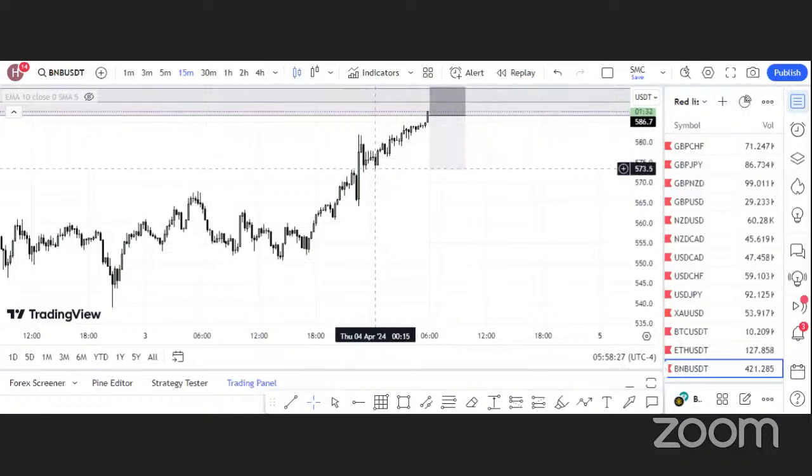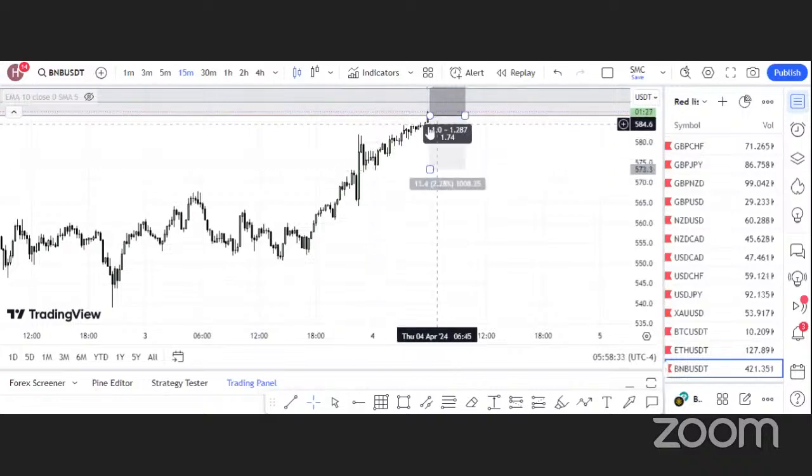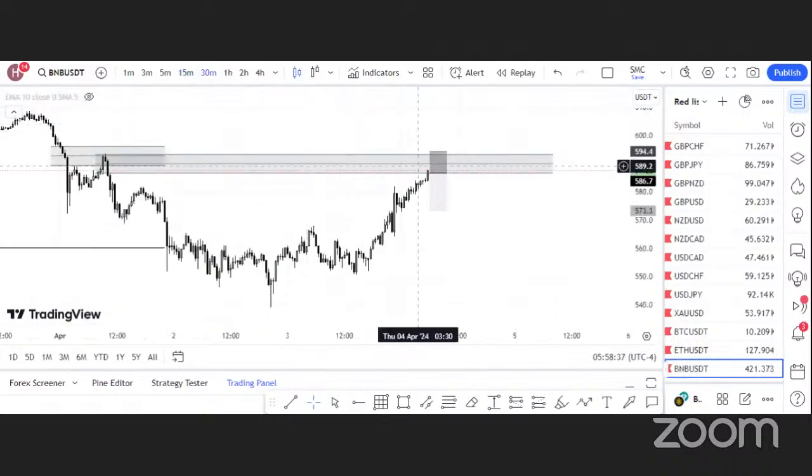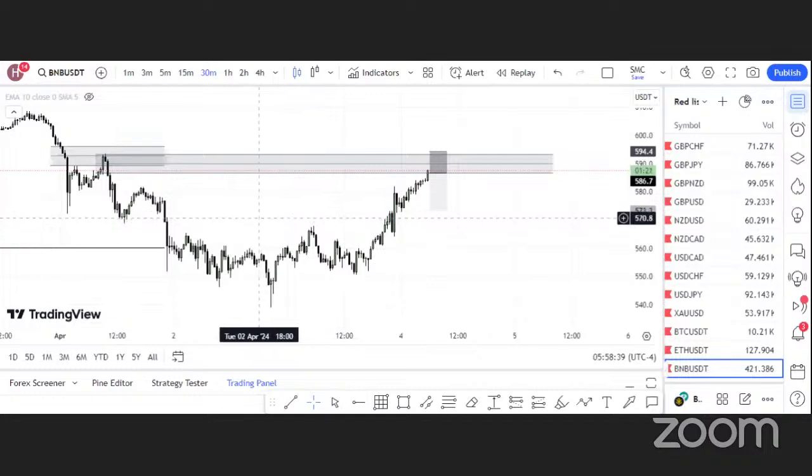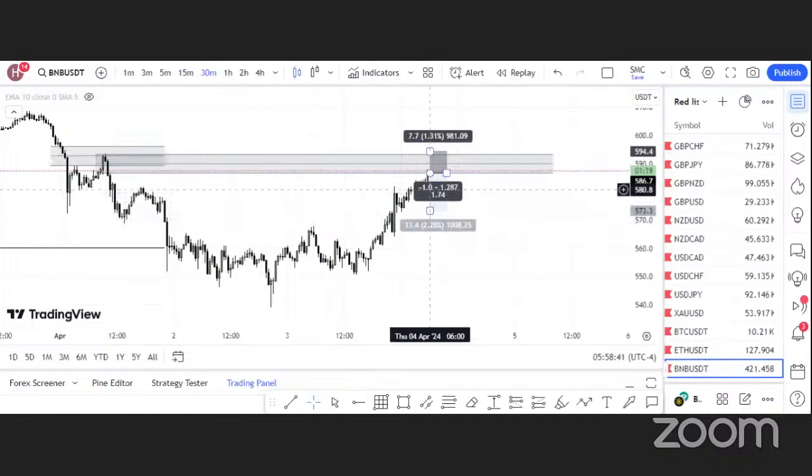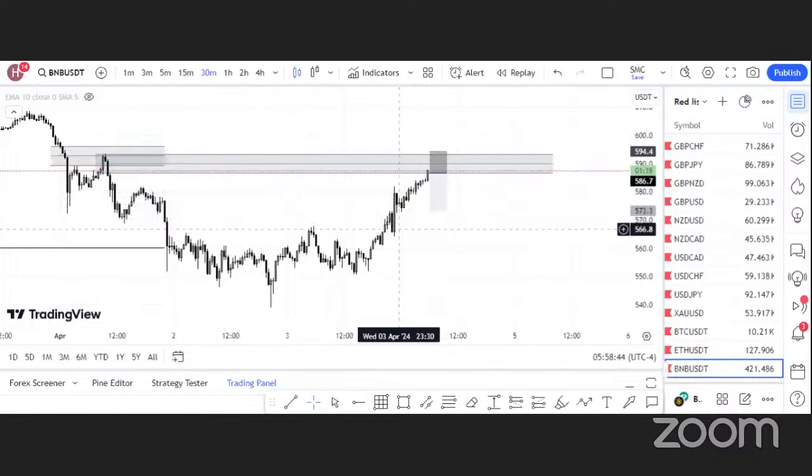So we call this bullish exhaustion. Okay, which means the bullish trend is coming to an end. So let's see if this current candle will confirm that for us. And once we have a rejection here, we are going to place a sell trade immediately. All right. Okay, we have a minute and a few more seconds.